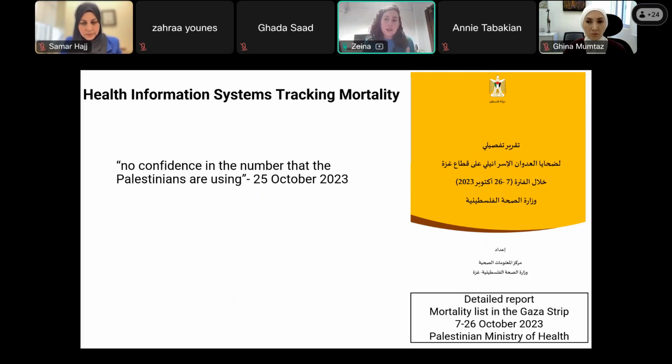So these electronic health records were used during COVID-19 and during other mortality, to assess mortality in Gaza previously, but they were able quickly at the beginning of the war to release this list to show that they were at that point around 7,000 that were killed.